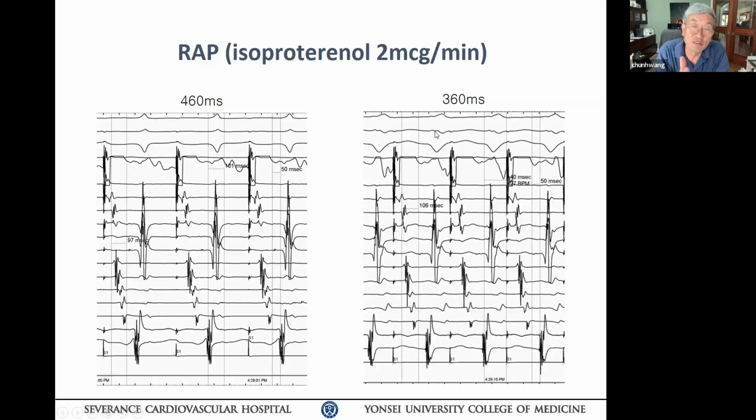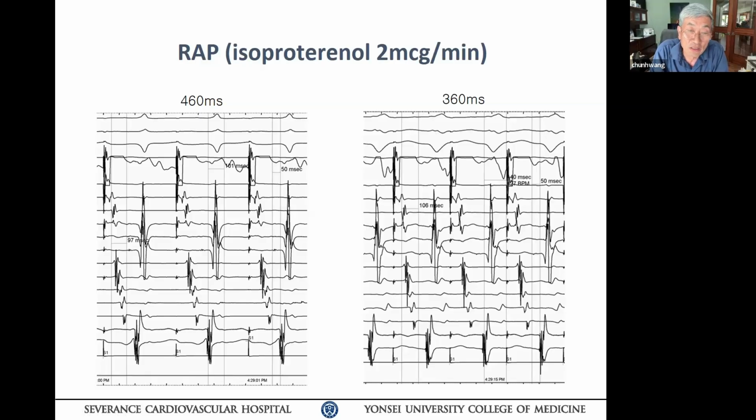If you have a pre-excitation pathway, you should see consistent QRS morphology widening, not changing QRS morphology. That is against pre-excitation, unless the patient developed a concomitant bundle branch block or something like that. But even then, I think it's very unusual. So I think you need to think about what I'm telling you. Okay?